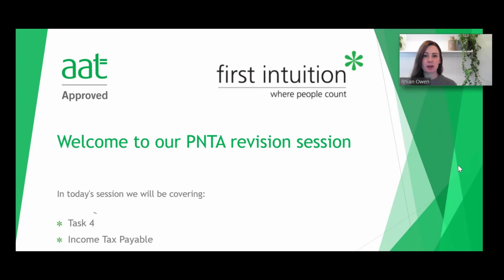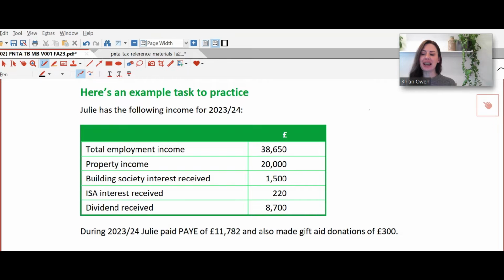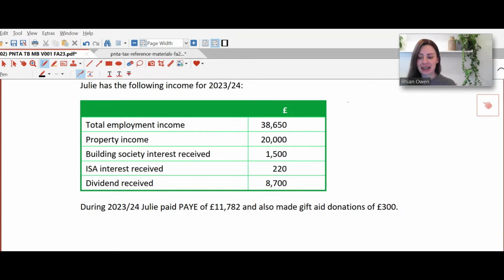So tonight we're going to be looking at task 4, which is about income tax payable. We're told here that Julie has the following income for 23-24. She's got total employment income of £38,650, property income of £20,000, building society interest received £1,500, ISA interest received £220 and dividends received of £8,700.